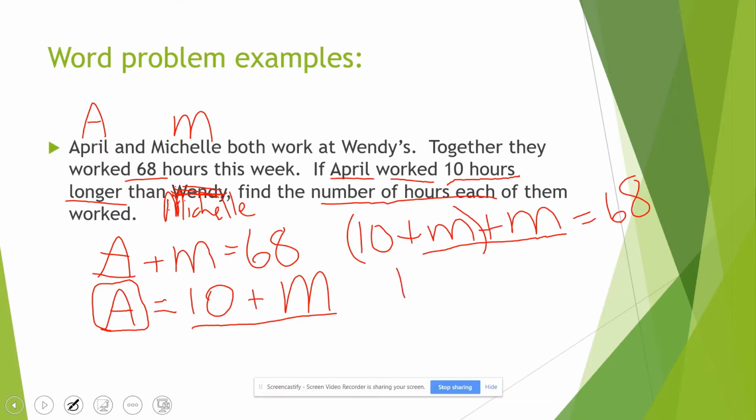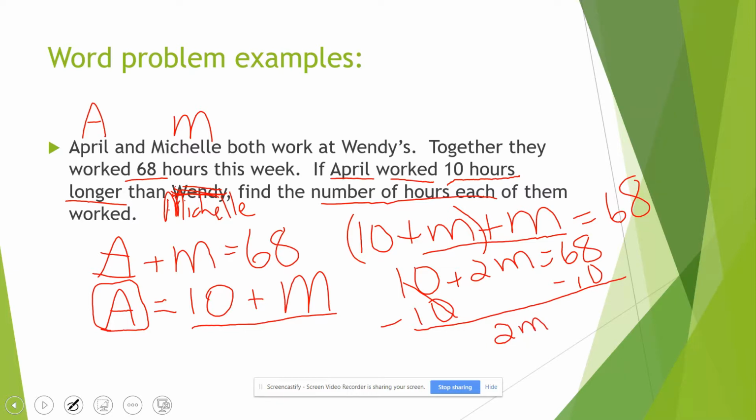I'm going to combine my like terms to get 2M. Subtract the 10 over. And then divide by 2. And we see that Michelle worked 29 hours.